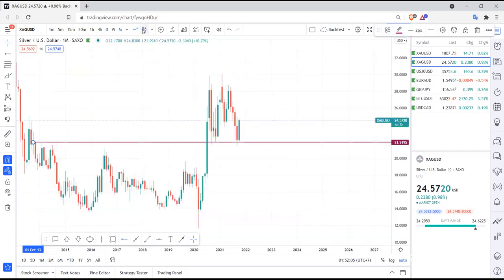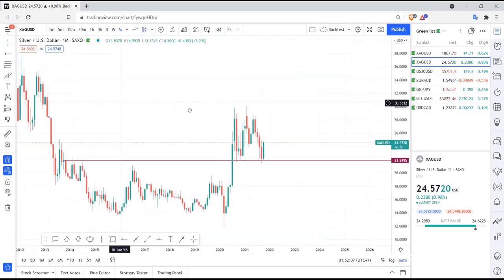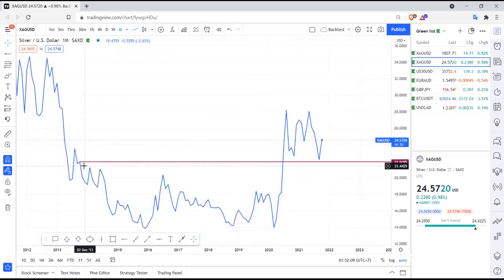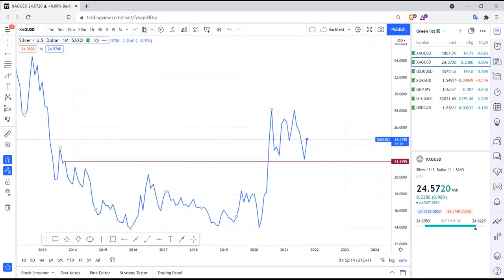Okay, this is monthly breakout. Can I consider this as a breakout? Yes.